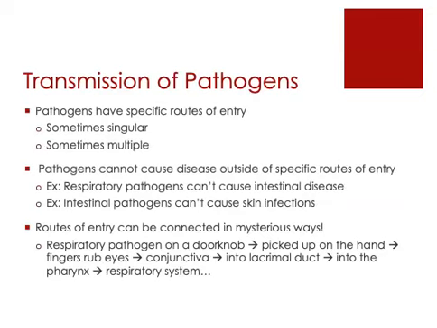The tears then wash it off of the conjunctiva into the lacrimal duct, which empties into the pharynx, and then the pathogen is transported to the respiratory system. So sometimes these routes are a little convoluted, but they do get the pathogen to the tissue or the organ system where it can cause infection.